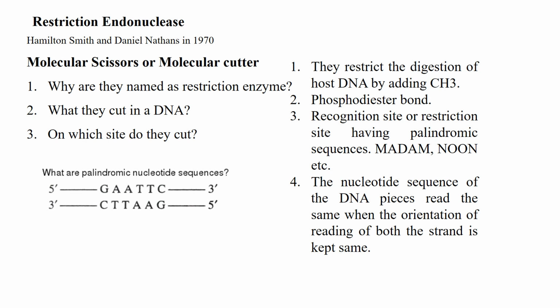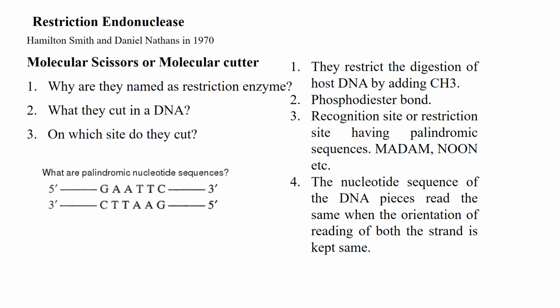Another group is restriction endonuclease, and these enzymes were discovered by Hamilton Smith and Daniel Nathans in 1970. You remember this year and the names of the scientists? The restriction endonucleases are known as molecular scissors or molecular cutters, as they cut the genetic material.